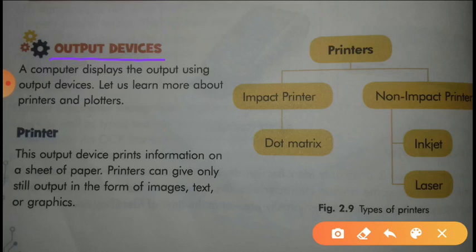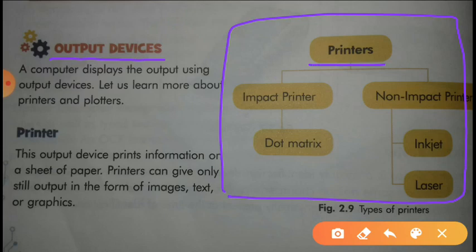Dear students, this is the flow chart of printer. Here you can see there are two types of printer. First is impact printer and second is non-impact printer. Dot matrix is the impact printer, and inkjet and laser are the non-impact printers.